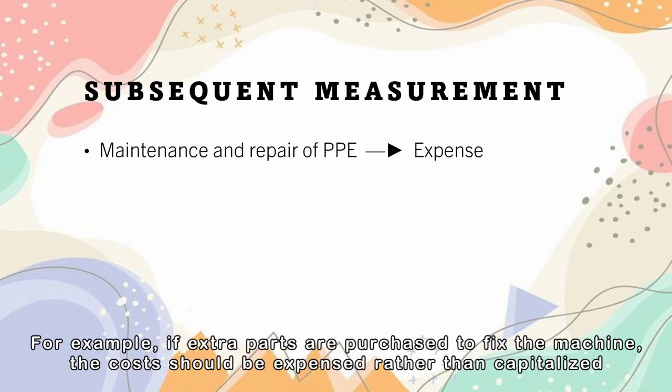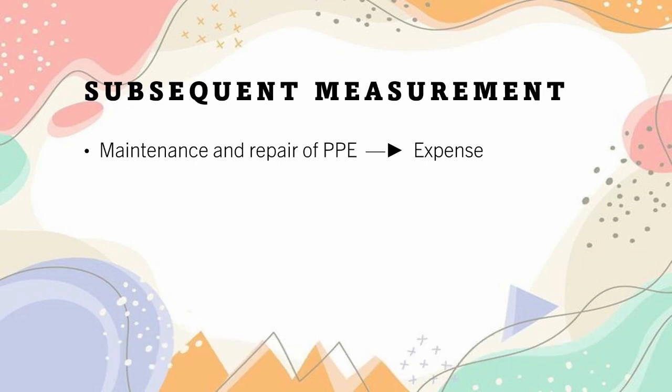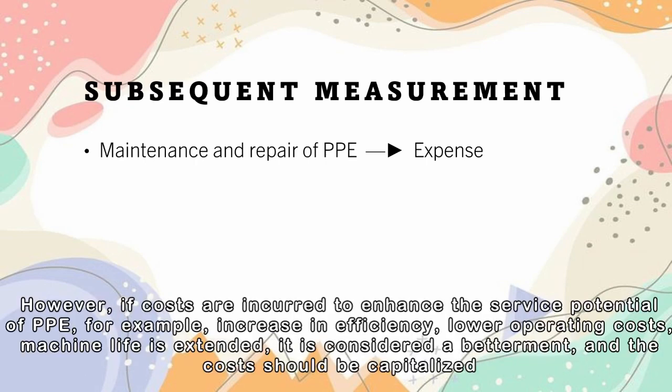For example, if extra parts are purchased to fix the machine, the cost should be expensed rather than capitalized. However, if costs are incurred to enhance the service potential of PPE, for example, increase in efficiency, lower operating cost, machine life is extended, it is considered a betterment, and the cost should be capitalized.